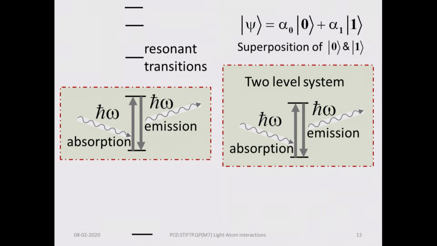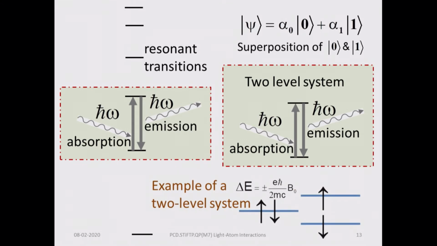So, focus on the two-level system, and the general state would be a superposition of state 0 and state 1, right. So, you consider the state 0 and 1 to be denoted. Here is an example of nuclear or electron spin, and these two states would be essentially degenerate, but in the presence of a magnetic field due to the Zeeman interaction, which we have discussed earlier in our previous discussions, they would get split, right.